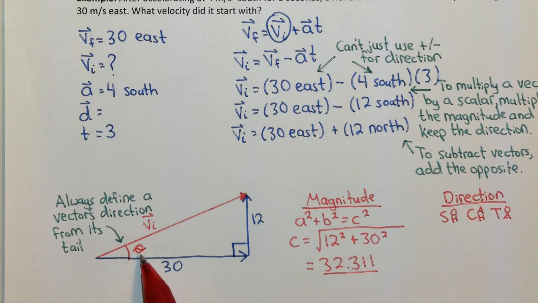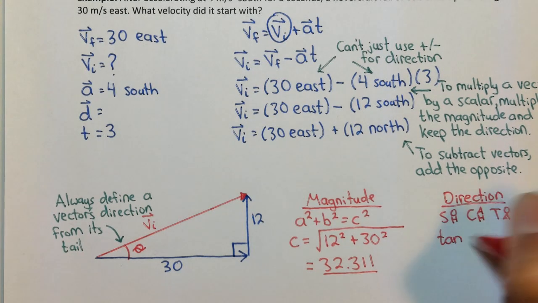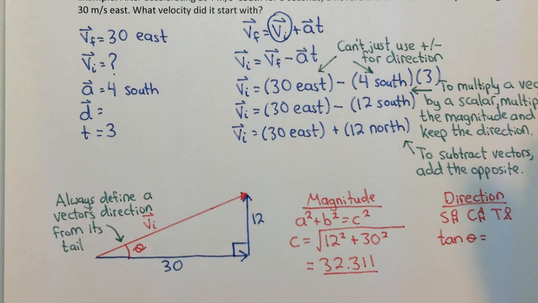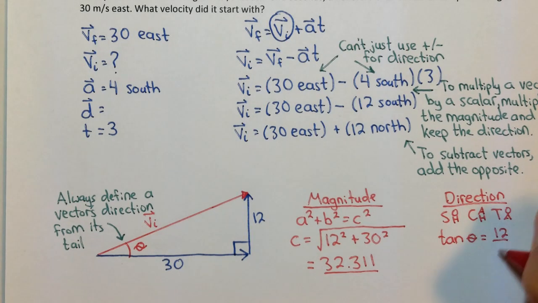So if I want to find this angle, I can use information from the opposite side and the adjacent side to help me with that. So that makes me think that using tan would be useful. So let's go for it. So tan is opposite over adjacent, or 12 over 30.